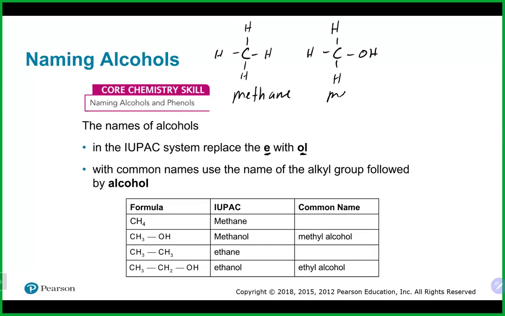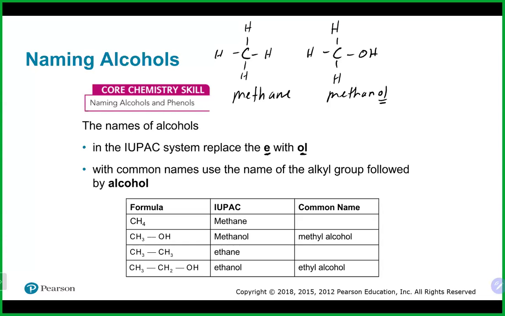It becomes methanol, OL, like an alcohol basically at the end. As we talked about a number of times, those first 10 alkane names are pretty much what everything's based off of in terms of how you name them. And alcohols and all these other ones are really no different.